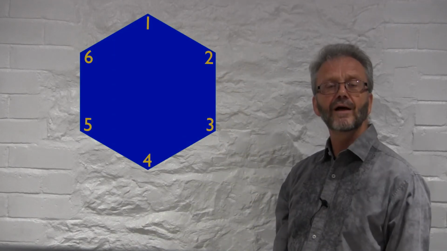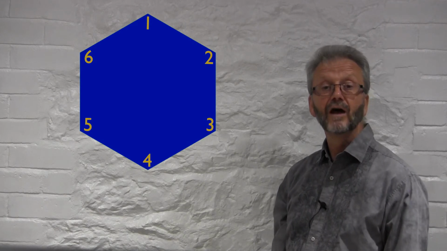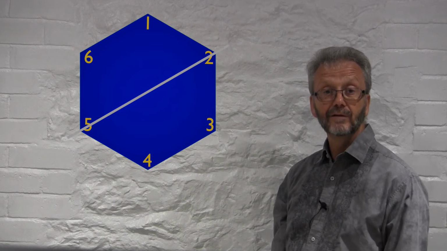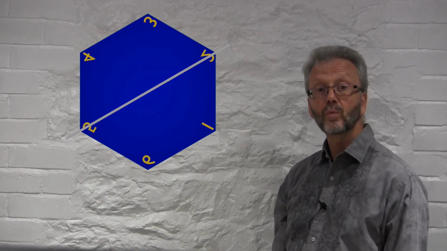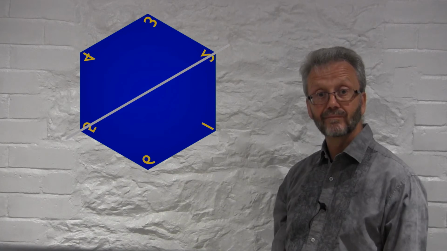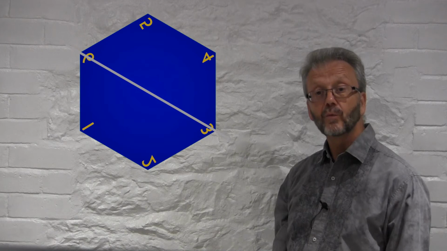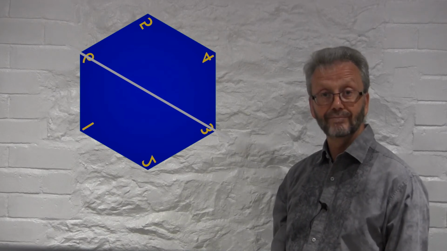There are two other mirror planes that are equivalent to this one. The first runs through the vertices 2 and 5, which swaps 3 with 1 and 4 with 6. The other runs through 3 and 6, which swaps 4 with 2 and 5 with 1.